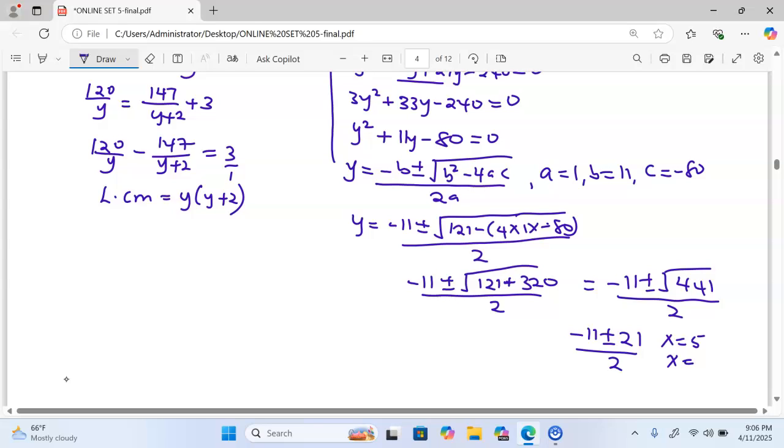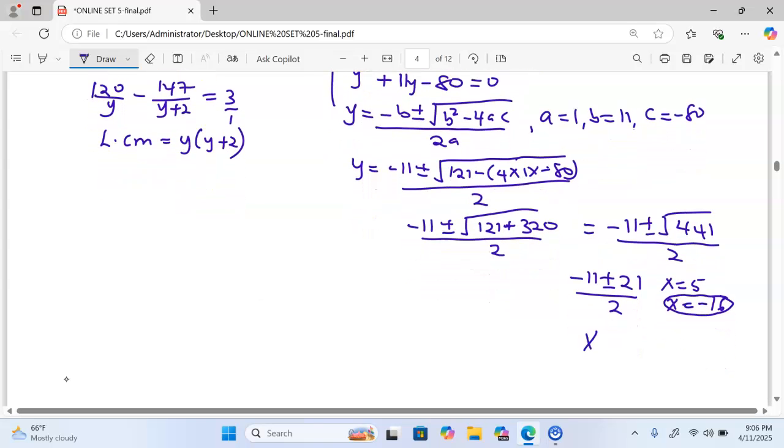And the next value of y is going to be negative 11 minus 21, which is going to give us negative 32, over 2, you get negative 16. We ignore the negative value of y, and therefore the value of y is going to be equal to 5, meaning the number of tests would be equal to the value of y, which is 5 plus 2, giving us a total of 7 tests.